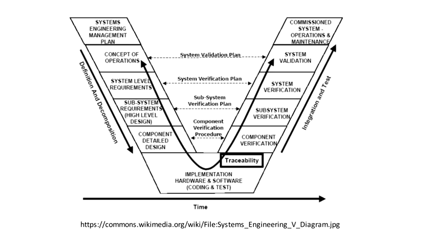When looking at the V representation, note the double-headed arrows linking the two sides of the V. These imply the potential for iteration as we learn from the integration and testing process. The next lesson of the Systems Engineering module will focus on the processes necessary to implement systems engineering practices.